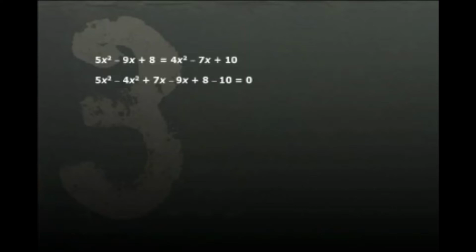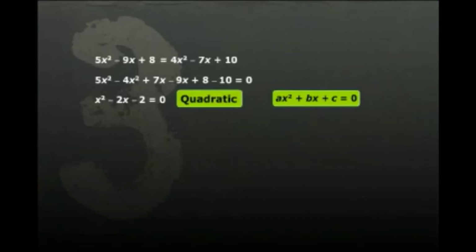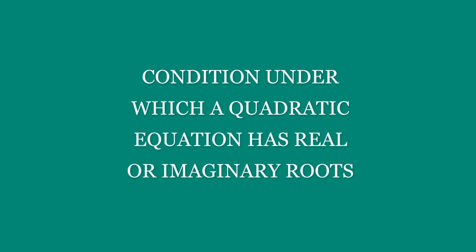We have just brought the terms together on one side of the equation. And this further reduces to x squared minus 2x minus 2 equals 0. Now this is clearly of the form ax squared plus bx plus c equals 0 and is thus a quadratic equation.